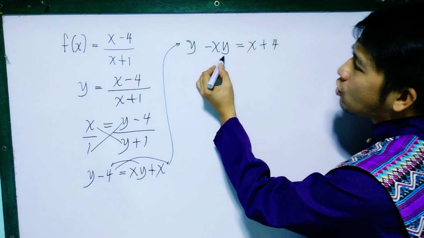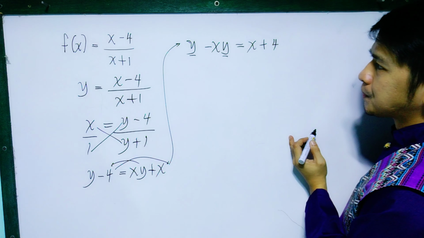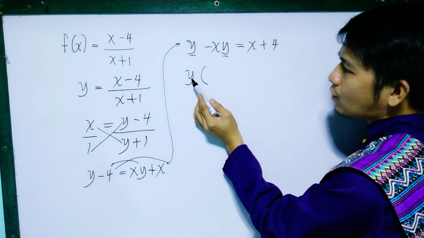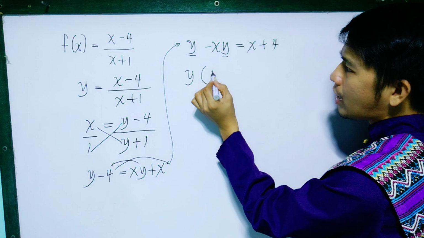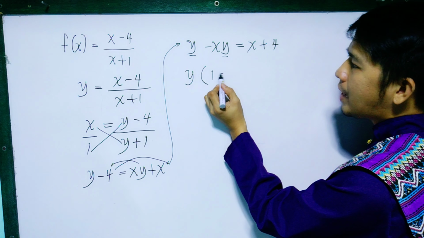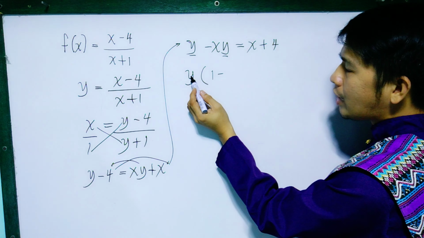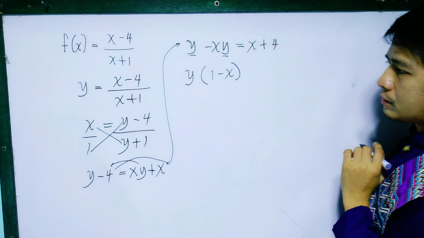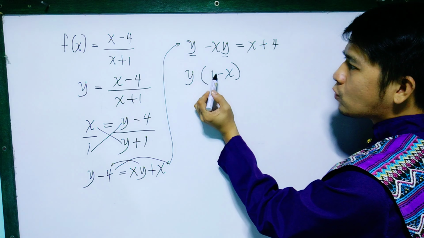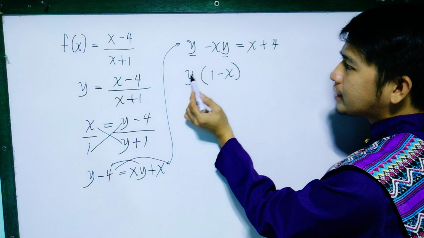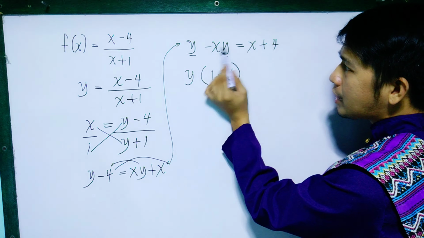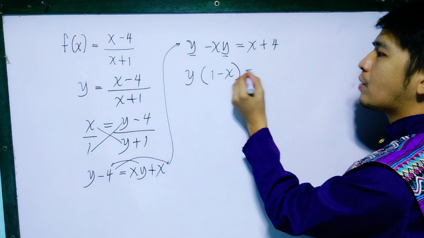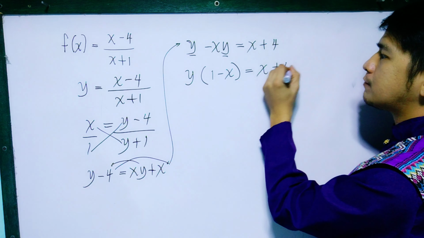So, as you can see, may common factor siya na y. Ilabas natin yung y. Anong ita-times mo sa y to make it y? That is 1. Minus. Anong ita-times mo sa y para maging xy? That is x. I-check nyo. Y times 1, y. Y times negative x, negative xy. So, ito ay same lang doon. Pero nilabas natin si y. Equals x plus 4.